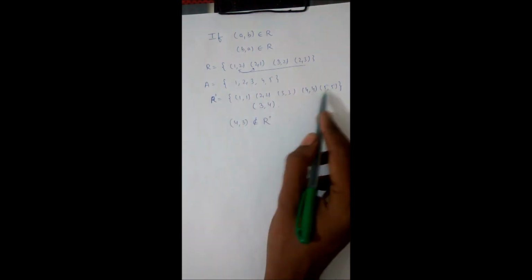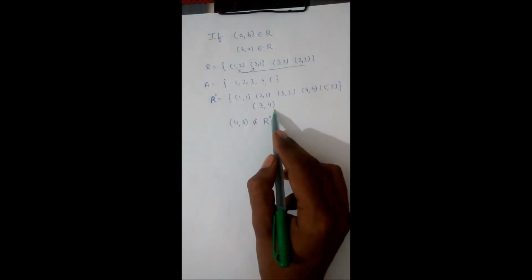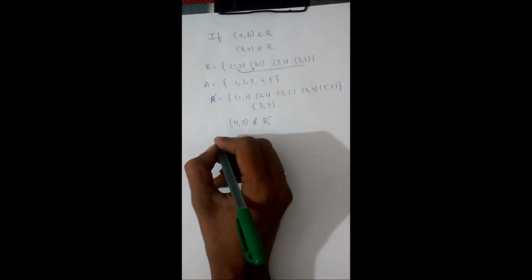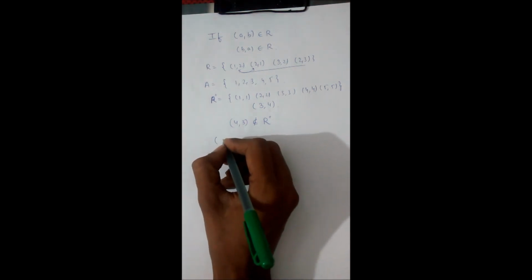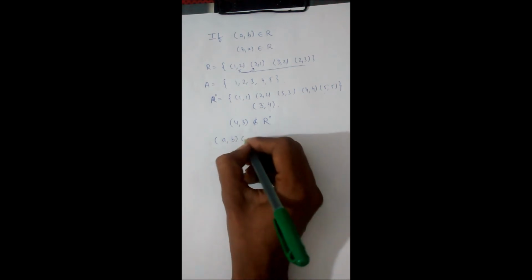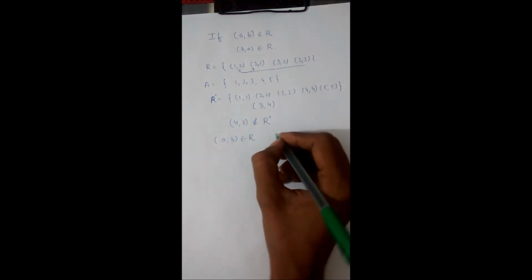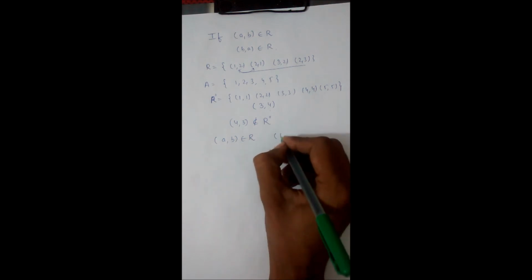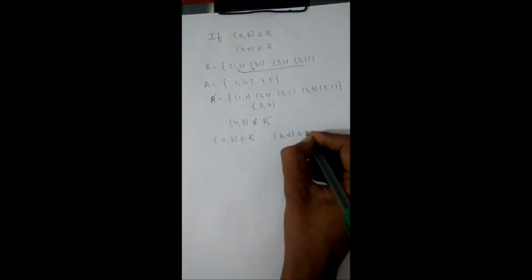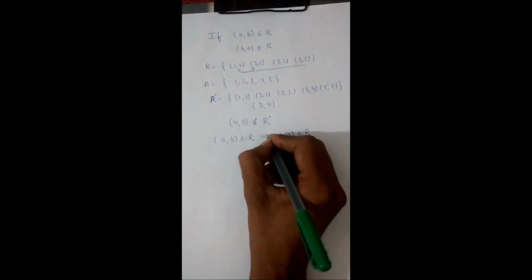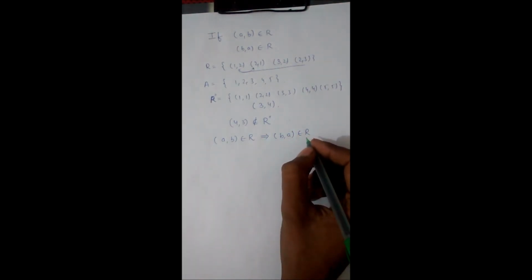So this is reflexive but not symmetric. Symmetric only means that any ordered pair (a,b) in relation R should have (b,a) also as an element of R. This is all what symmetry means.